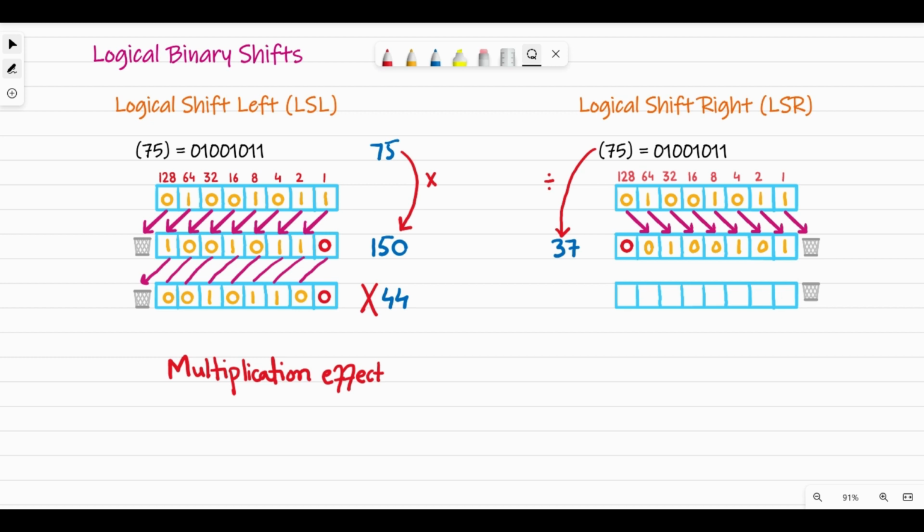So performing the right shift again, we'll start from the right hand side.